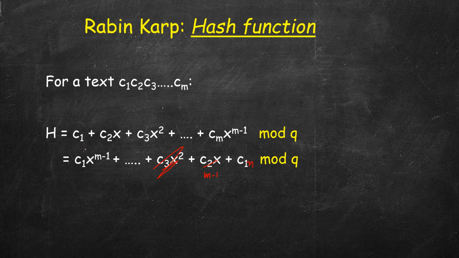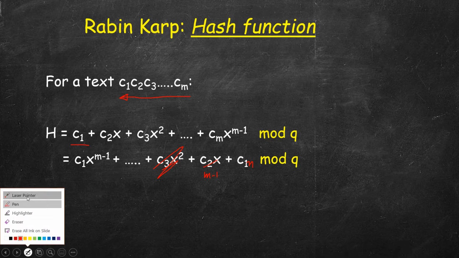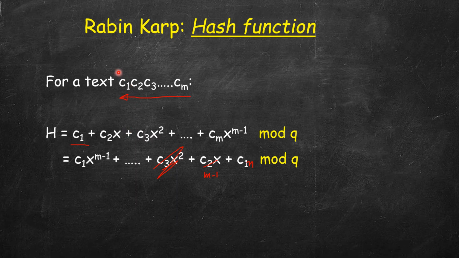So instead of multiplying here x0 then x, we have done it in just reverse order. So this is as good a hash function as this one, and we can use them in different scenarios. Let's say we are sliding the window from left to right, then the second one would be more efficient, calculating it in constant time from the previous hash.